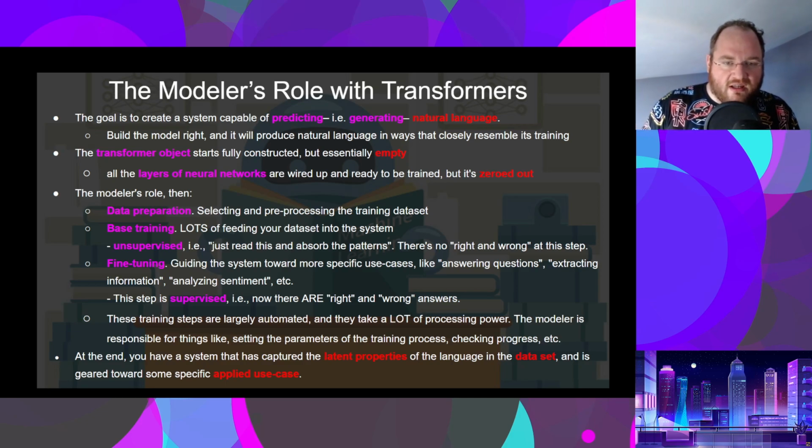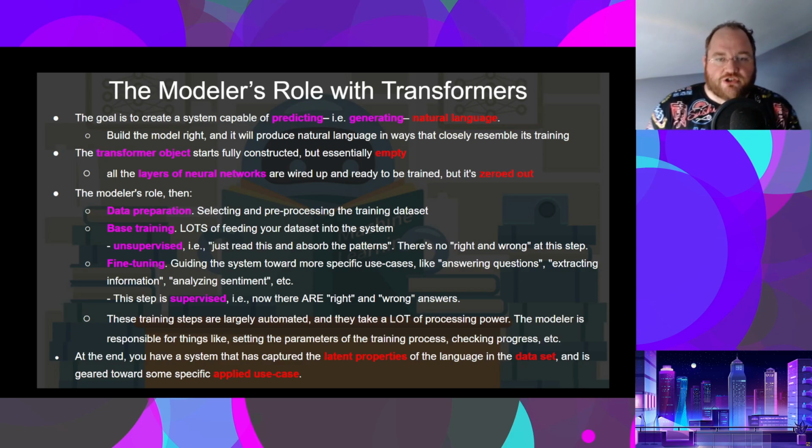Maybe you want natural language for legal document reading, or for how to navigate the DMV, or maybe you want to try to simulate Reddit. What a nightmare that would be. But the idea is, if you build the model right and train it right, it's going to produce natural language in ways that closely resemble its training. Makes enough sense, I hope.